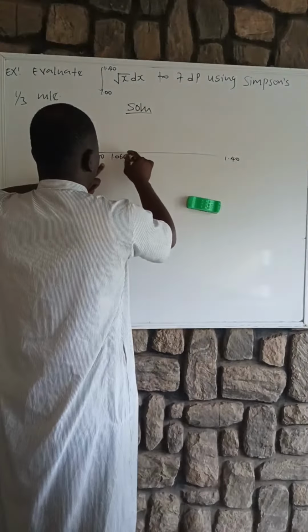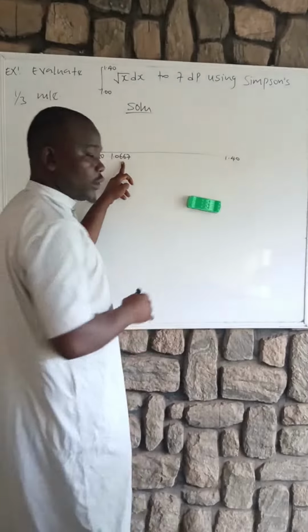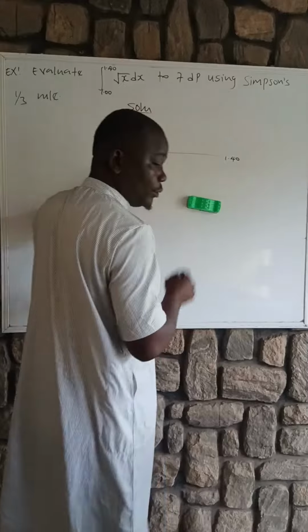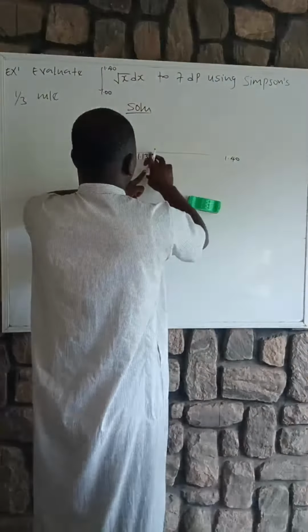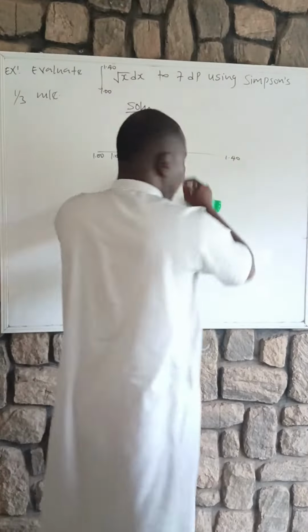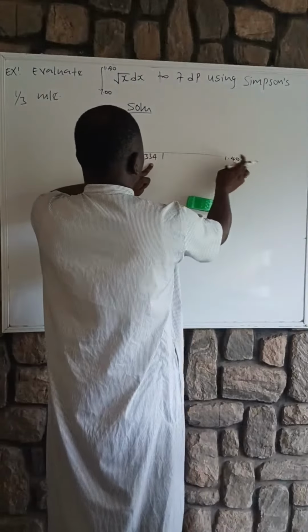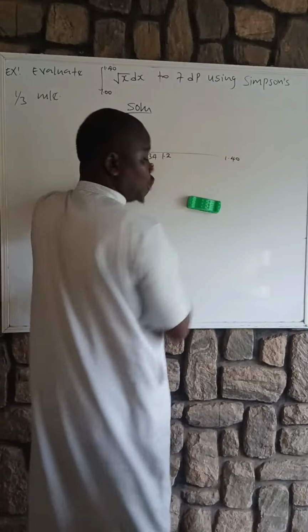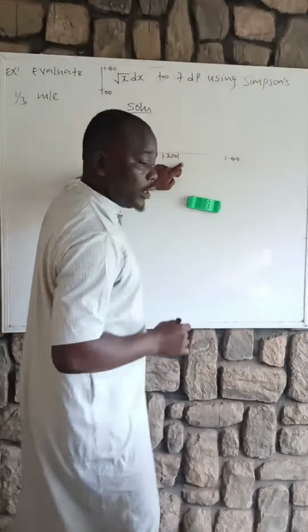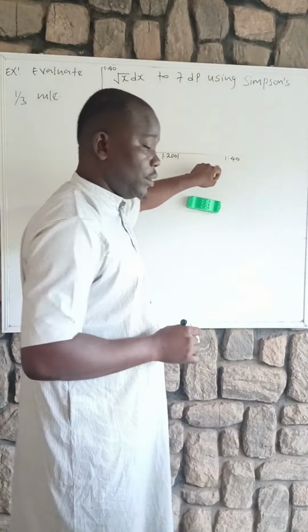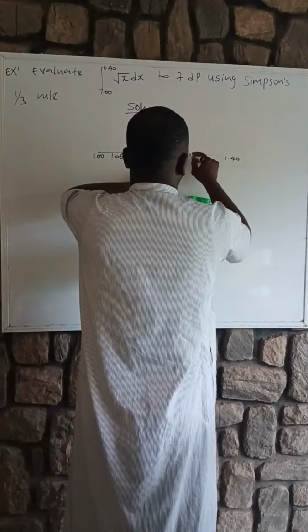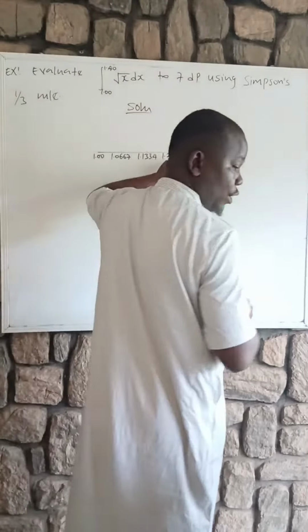1.0667. Then we also have 1.1334, sorry. Then we also have 1.2001. You can now see that it's approaching 1.40. Then we also have 1.2668.